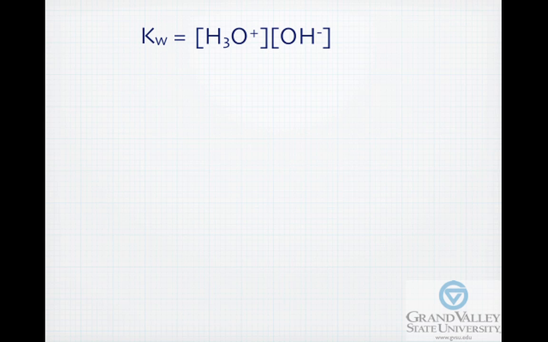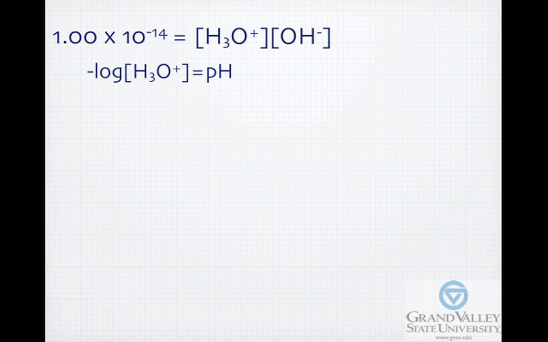We already established that the Kw is equal to the concentration of hydronium multiplied by the concentration of hydroxide. And at 25 degrees Celsius, the Kw is equal to 1.00 times 10 to the negative 14. We also know that by taking the negative log of the concentration of hydronium or the concentration of hydroxide, we get the pH or pOH respectively.